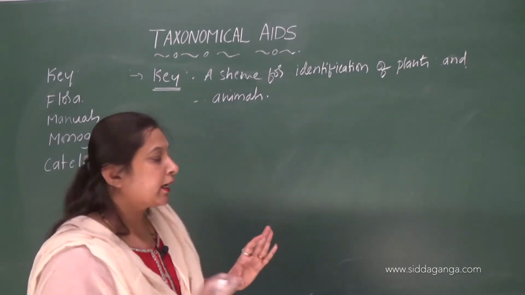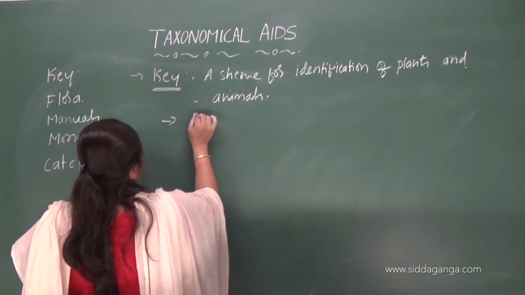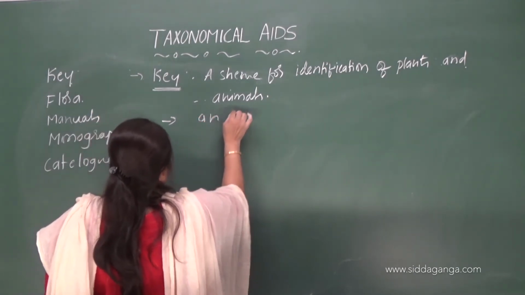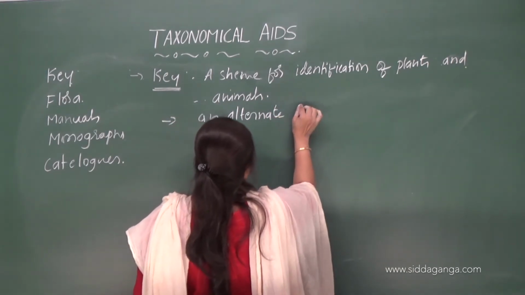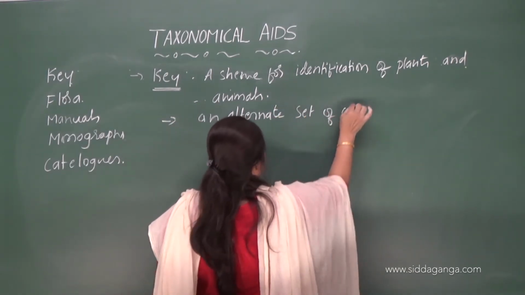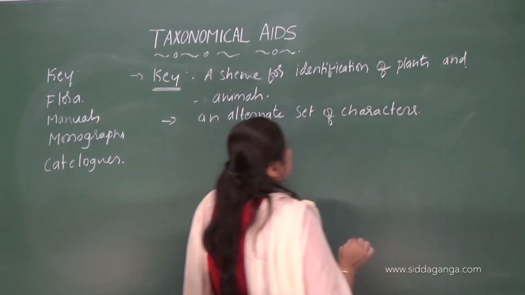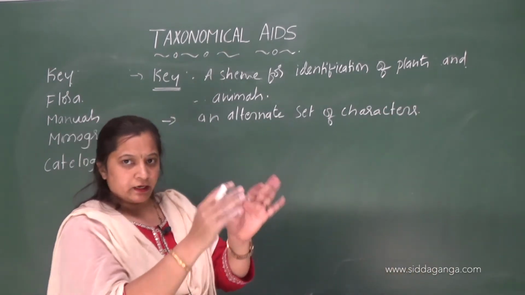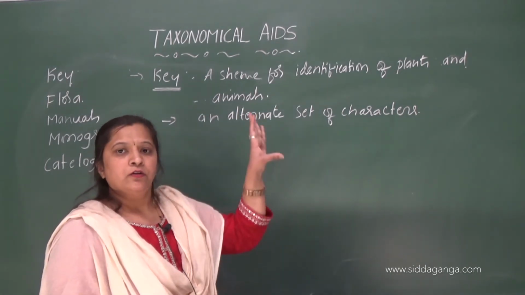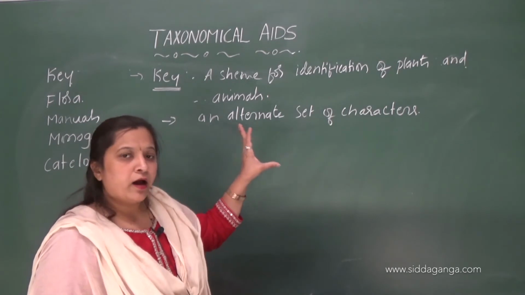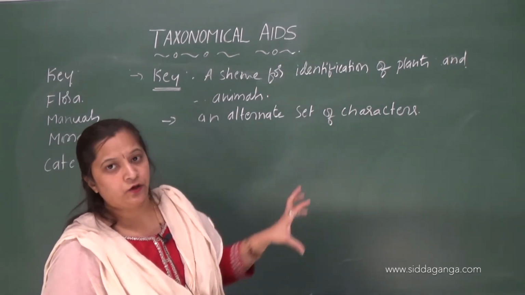Usually a key contains an alternate set of characters. These alternate sets of characters are arranged in such a manner that one can identify the plants and animals accurately.